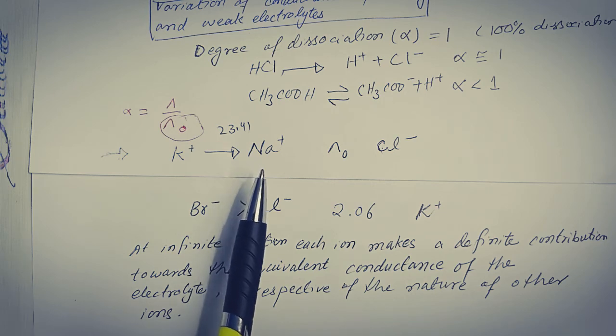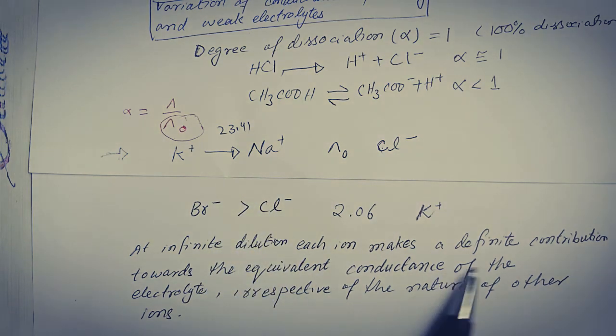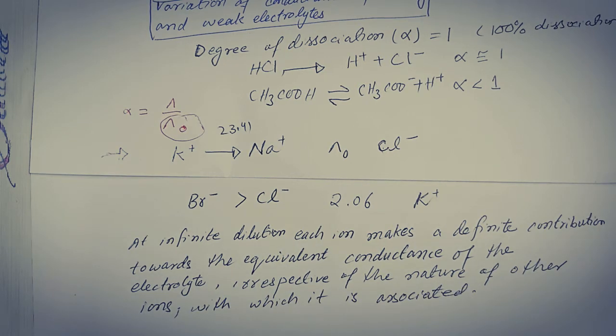So it means that the contribution of the equivalent conductance from the respective ionic species is different, which is not affected by the nature of other ions with which it is associated.